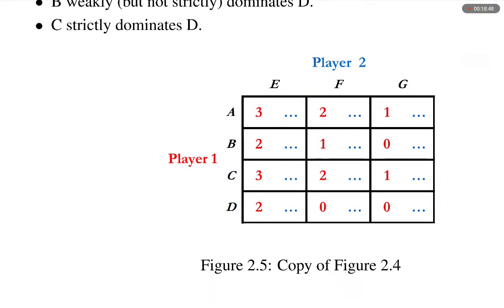We have the same four rows by three columns graph as we've seen before.